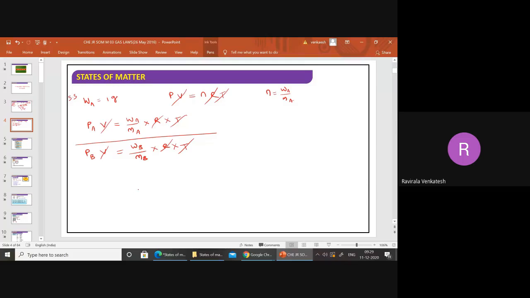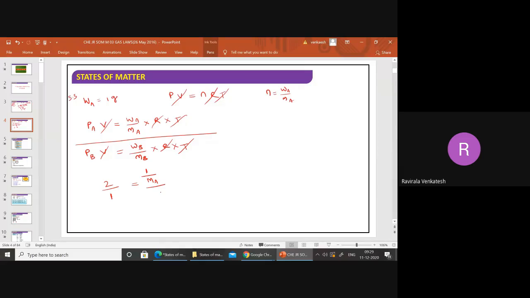Now, what is the pressure of A? 2 bar. Pressure of B will be 1 bar. So 2 by 1 is equal to weight of A, how much is the weight of A? 1 gram. Molar mass of A, I don't know, so put it as molar mass of A only.